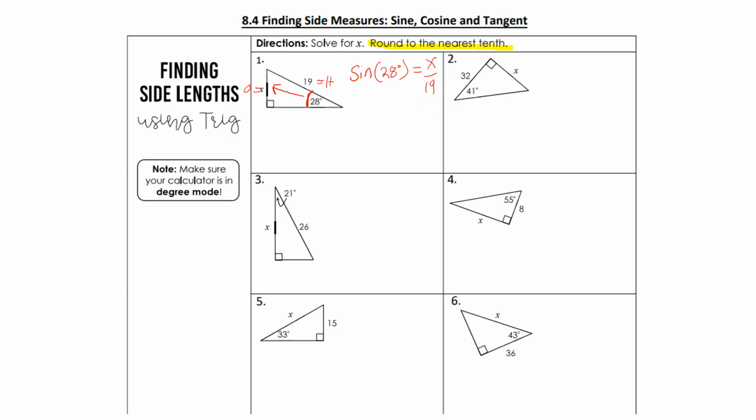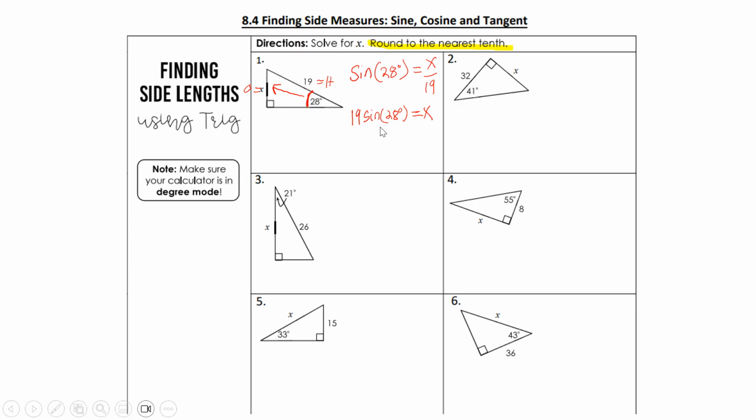Now it's just algebra. Multiply both sides by 19, you get 19 sine of 28 degrees equals x. And now this is a number. This is the exact answer, but it wants you to round to the nearest 10th.